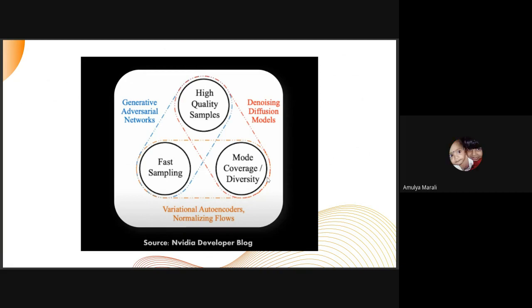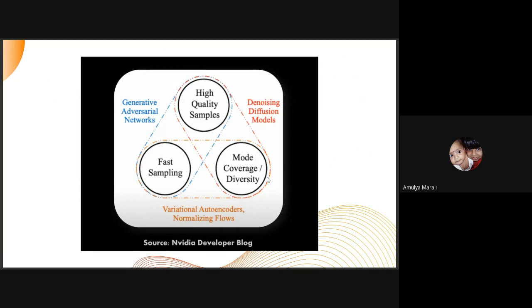Okay, sir. Here, this image is from an NVIDIA developer blog, which explains what advantages these different algorithms have. When it comes to GANs, you have fast sampling and high quality samples. When it comes to variational autoencoders, you again have fast sampling, mode coverage and diversity.